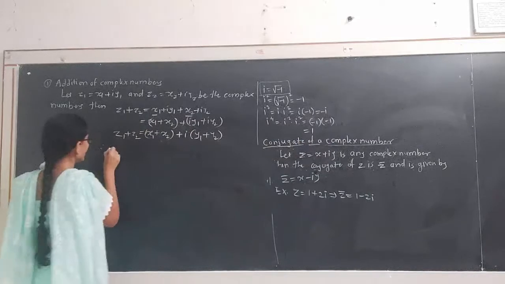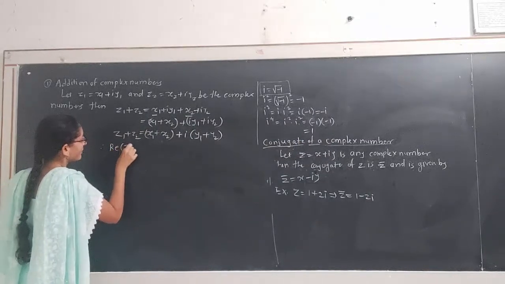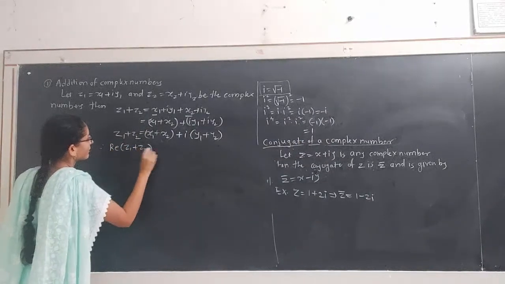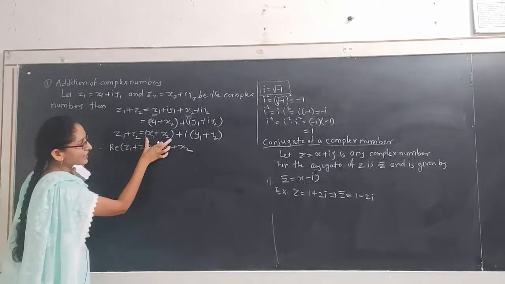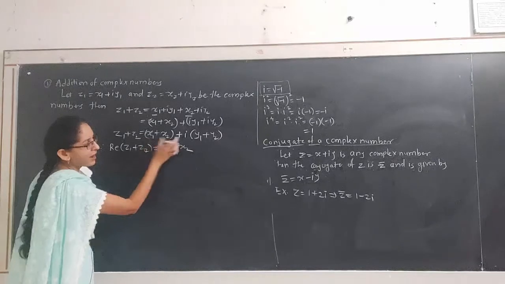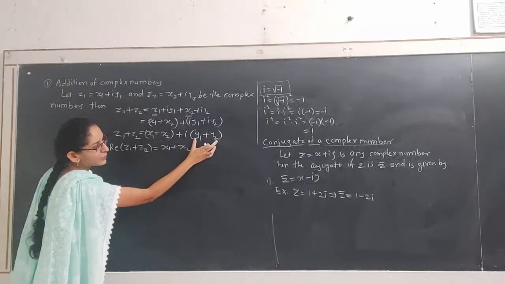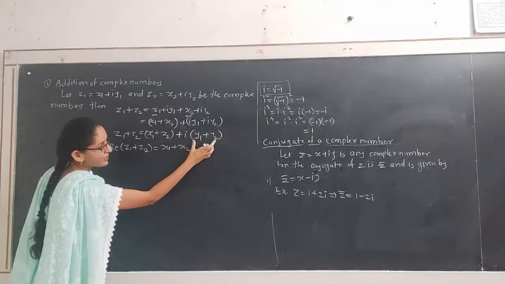Hence, the real part of z1 plus z2 is equal to x1 plus x2. You can observe that this is the real part, which is not a multiple of i, and this part y1 plus y2 is a multiple of i, so it is called the imaginary part.